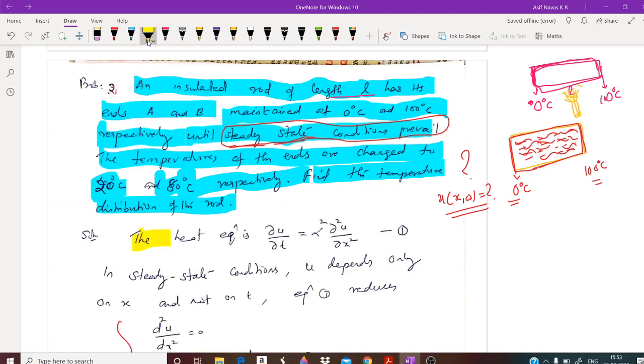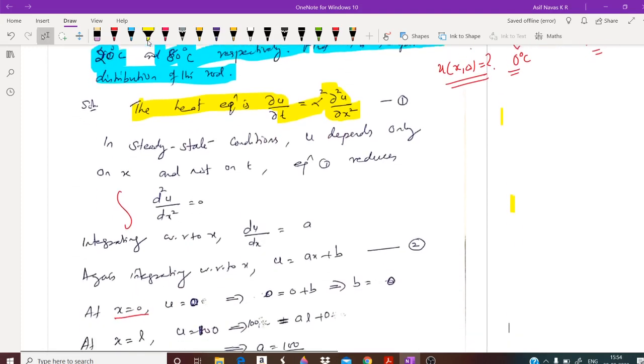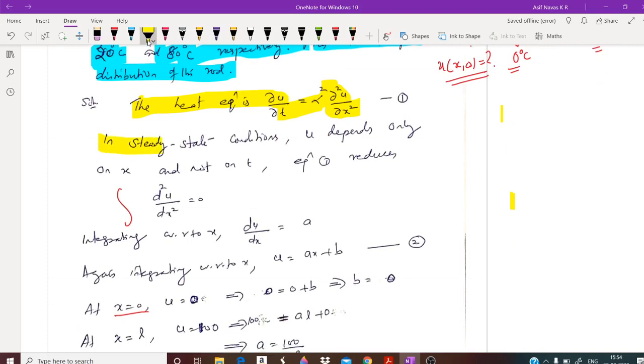So we know that the heat equation is ∂u/∂t equals α² ∂²u/∂x², where α² is c. Then in the steady state condition, we know that u depends only on x, not on t. So there is no change with respect to t.